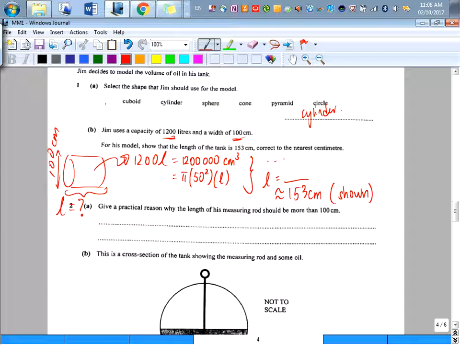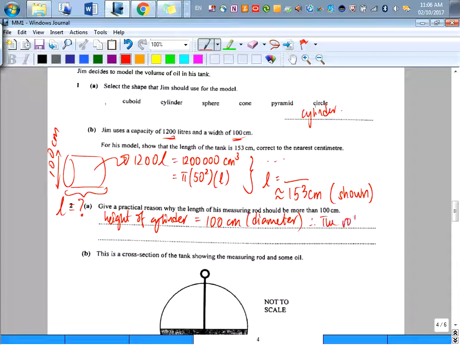We can say that the height of the cylinder is 100 cm. This is based on our model. We also can call this the diameter.